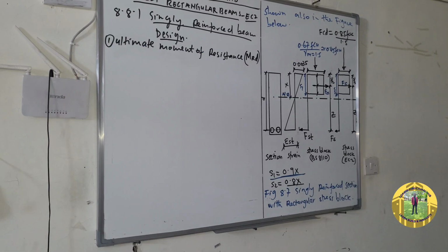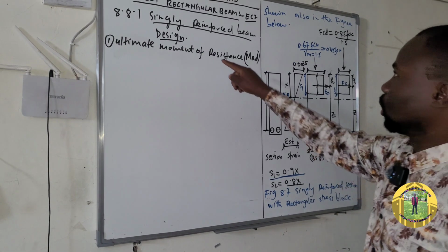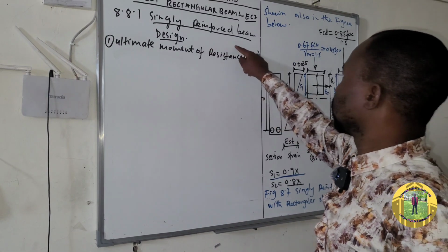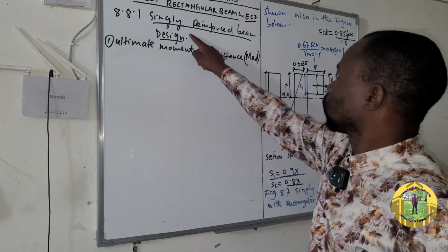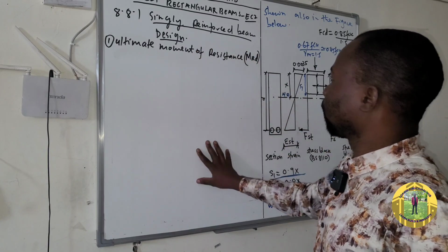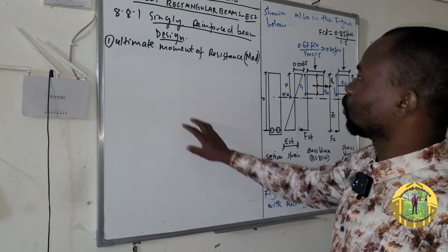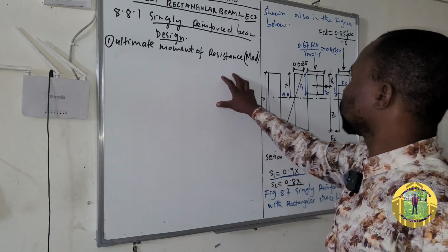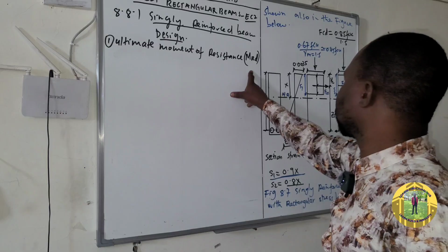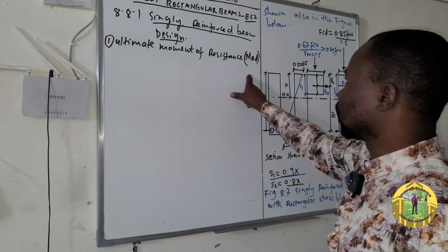So I want to begin with 8.8.1, singly reinforced beam design. The first formula to develop will be for the ultimate moment of resistance, which is MRD.